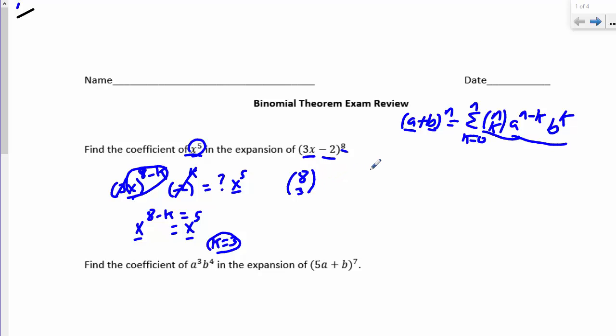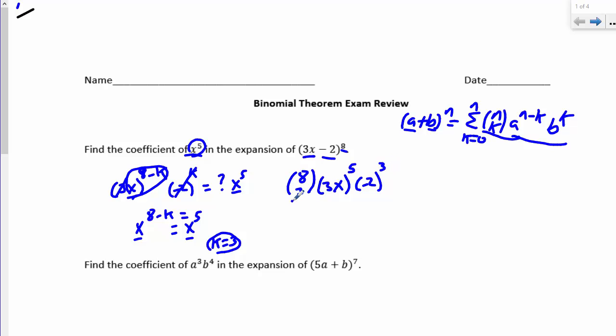Then this is multiplied by a, but a is in fact 3x. So this is 3x to the power of n minus k. n minus k is 8 minus 3, which most people would say is 5. b is negative 2, so we're going to have negative 2 raised to the power of k, and k we just determined is 3.